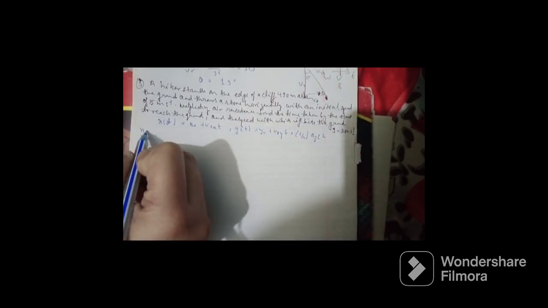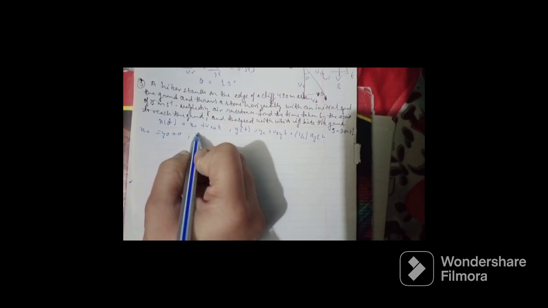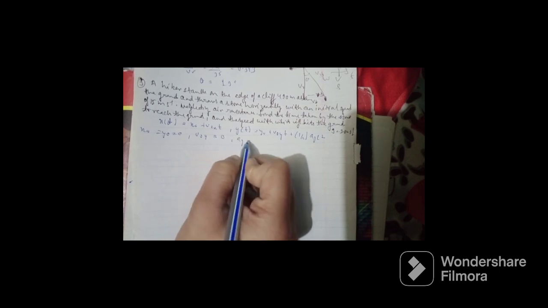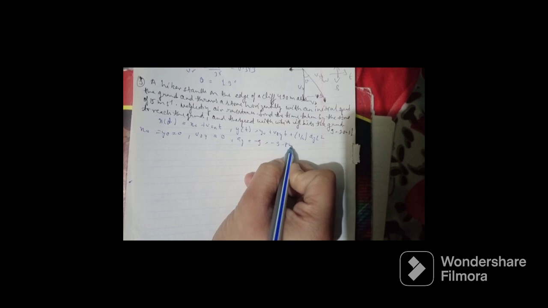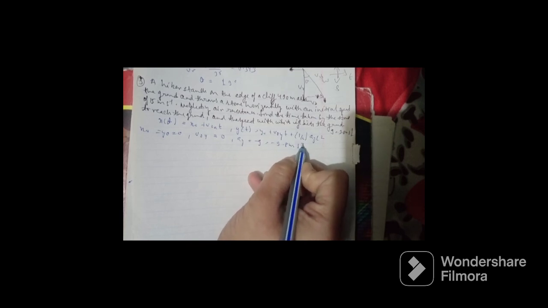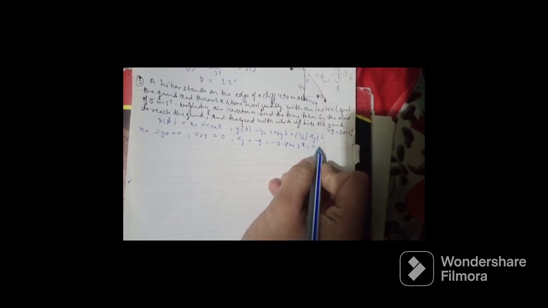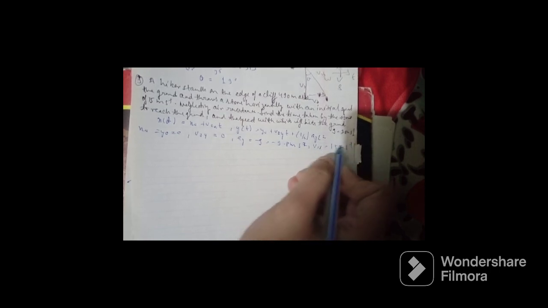Therefore x naught equals y naught equals 0, v naught y equals 0, a y equals minus g, which is minus 9.8 meters per second squared, and v naught x equals 15 meters per second.